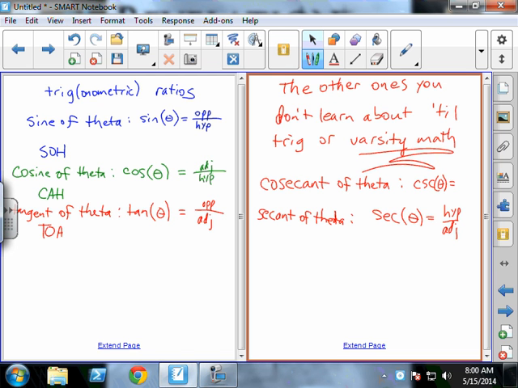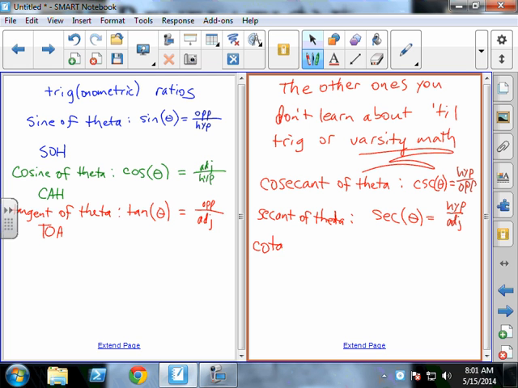That's secant. Cosecant is hypotenuse over opposite.